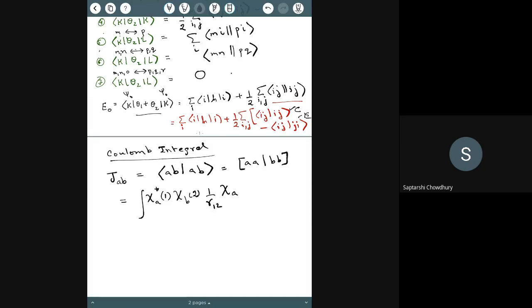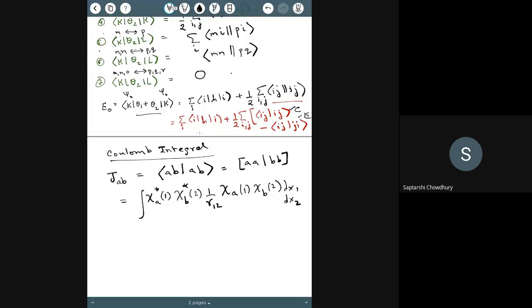No, no, no, that is not right. Chi A star, chi B star, 2, chi A1, chi B2, dx1, dx2. So this is how I would write it from the Dirac integral.